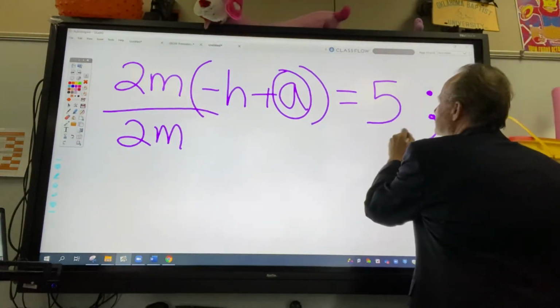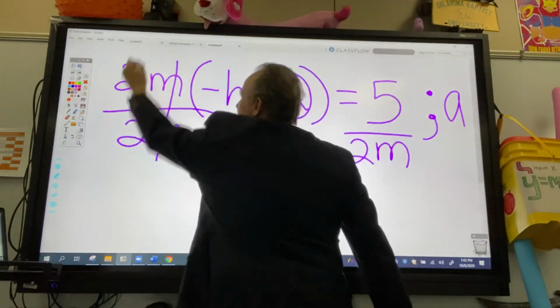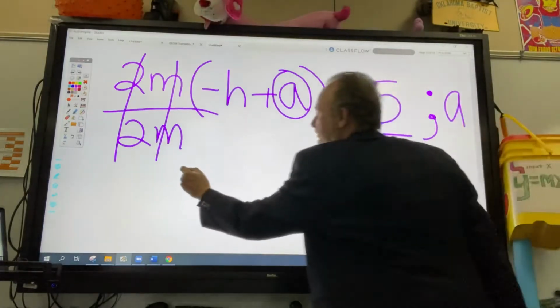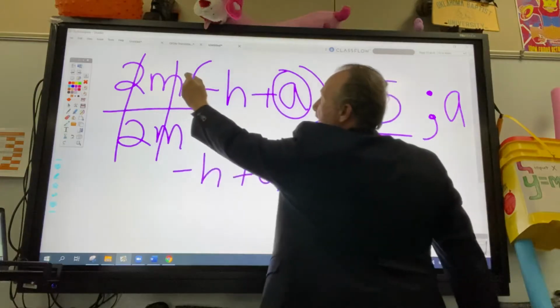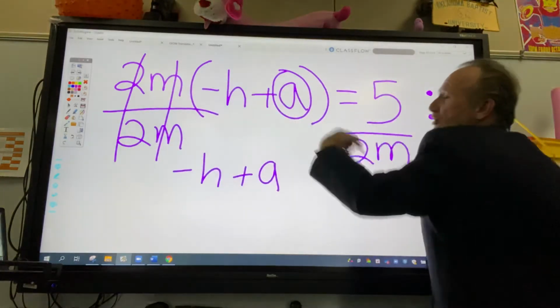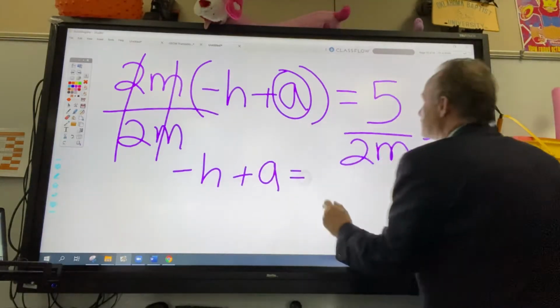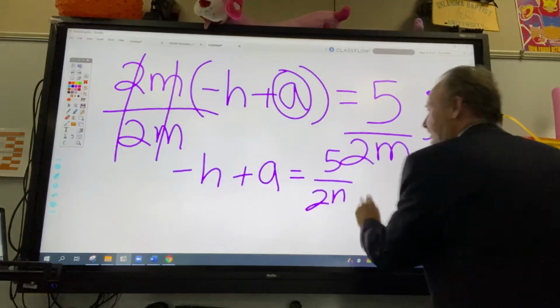What you do on one side, you got to do on the other. Now that cancels that out, and then I bring down my negative h plus a. Notice, when I got rid of the 2m, I'm not distributing anymore. I don't need the parentheses. And what does this equal? That equals 5 over 2m.